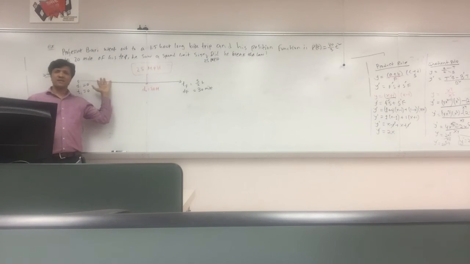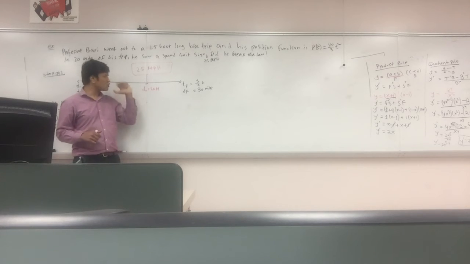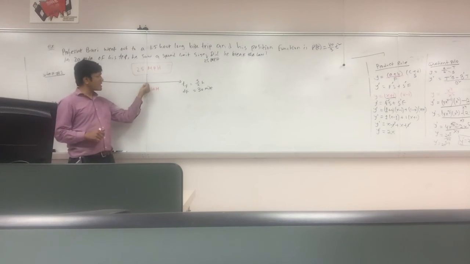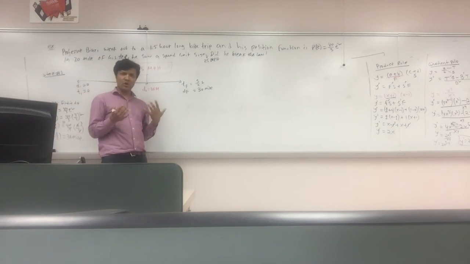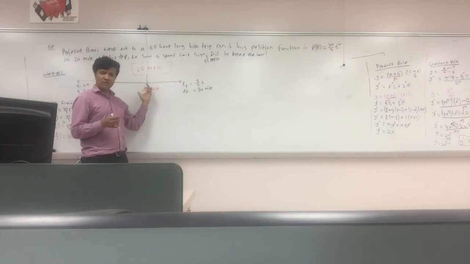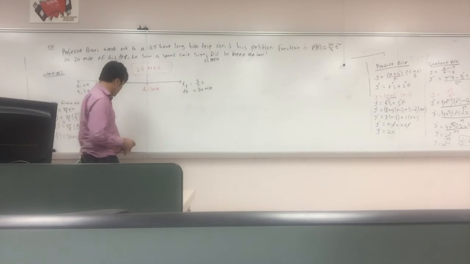We don't care how fast he was moving elsewhere. We only care how fast he was moving at that point, because the cop wants to know whether he was moving faster than 25 miles per hour. If he was, the cop will give him a ticket. Let's see.